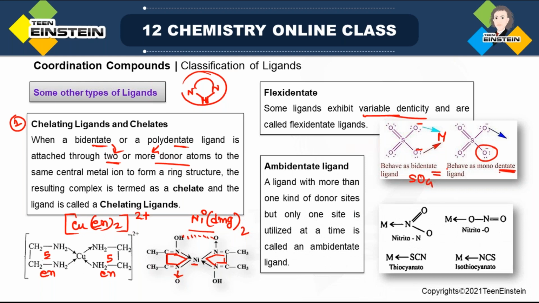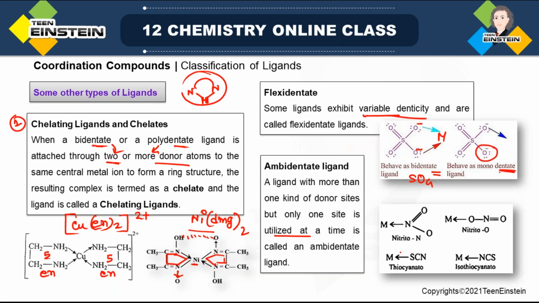Next term is ambidentate. An ambidentate ligand will always have more than one type of donating site, and each time it will use only one donating site. Both sides will not be used simultaneously. Only one side is utilized at a time.